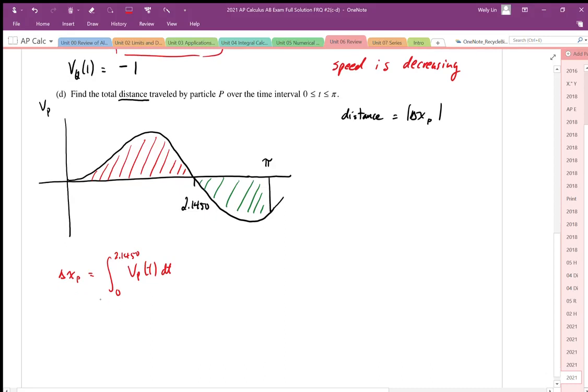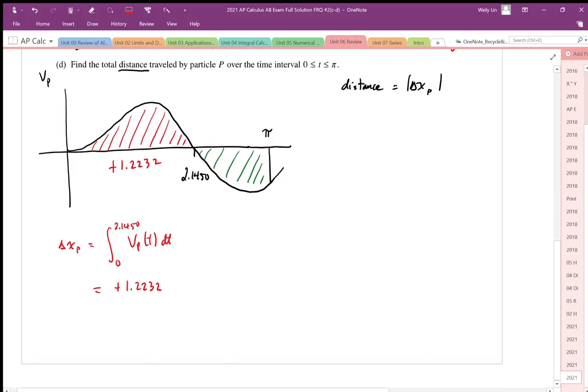When we work that out, it works out to be positive 1.2232, so we've gone in a positive direction. But for the actual distance traveled, we just take away the positive and end up with the absolute value, which is 1.2232.